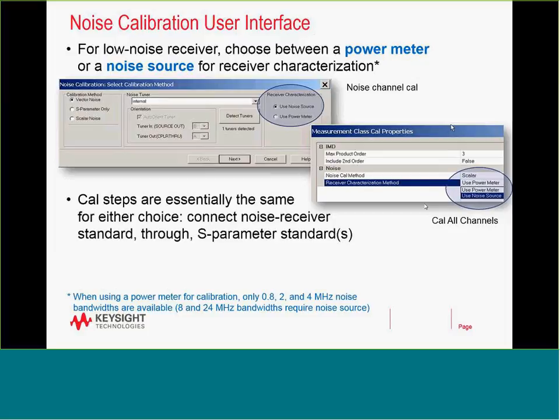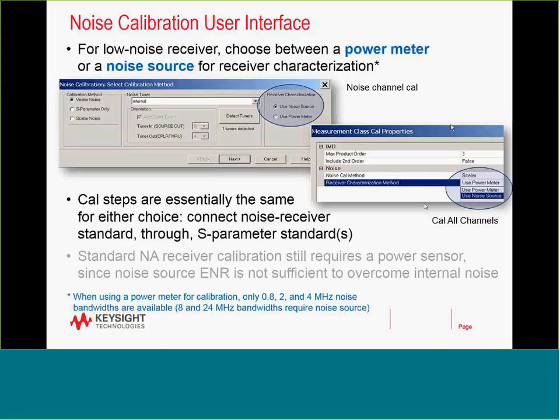One important thing to note is that when using the network analyzer noise option and you select bandwidths of 24 megahertz, a noise source is required to calibrate the receiver. But for anything narrower than 8 megahertz of bandwidth, the power meter works very well.